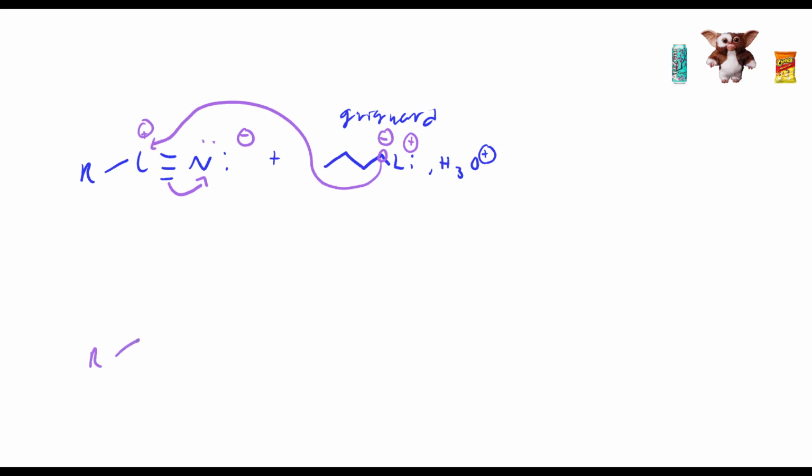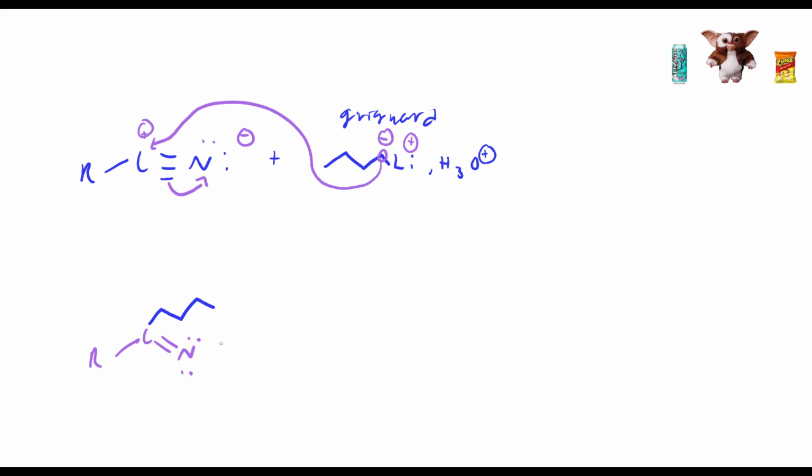So we have R, there's a carbon right there, and it's going to be double bonded to a nitrogen. Now we have 2 lone pairs. And of course we have our alkyl group, so it's going to be 1 carbon, 2 carbons, 3, and 4.